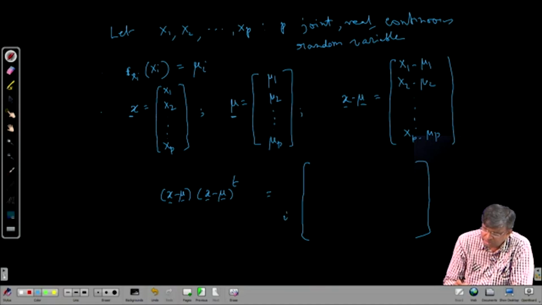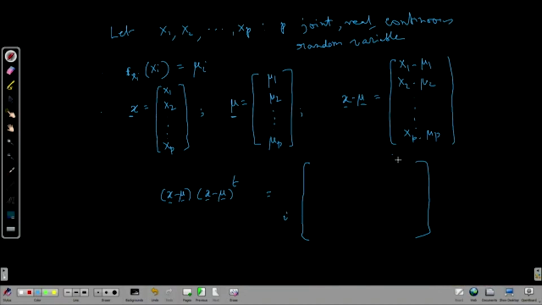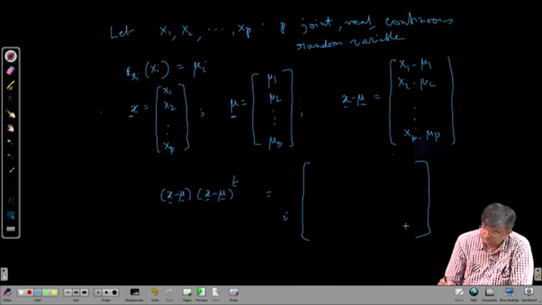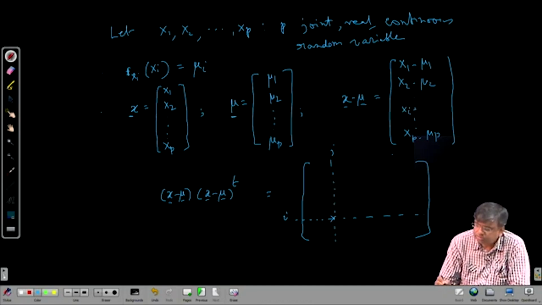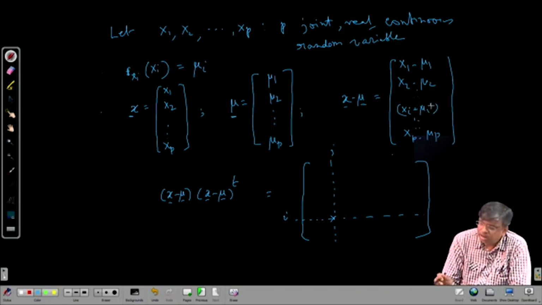So, any ith row and jth column, this element will be what? The ith guy, and when it becomes row, the jth guy, that is xj minus mu j, their product.